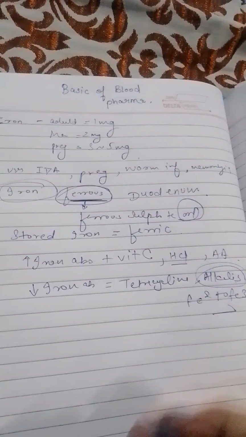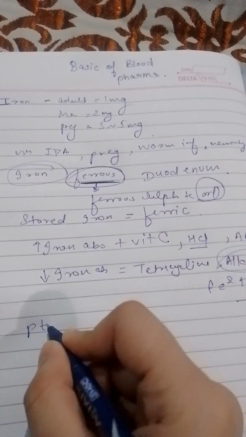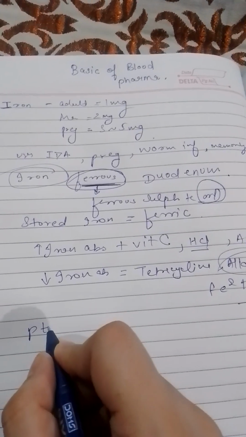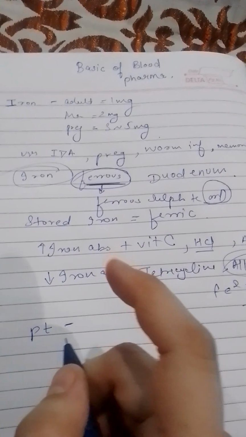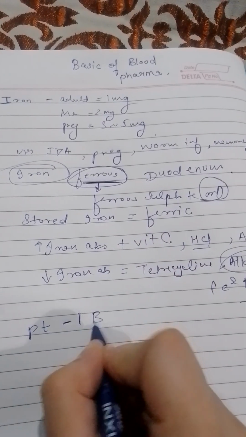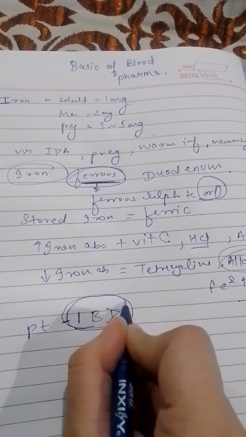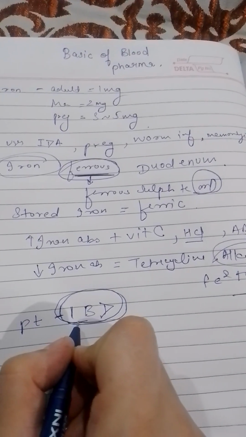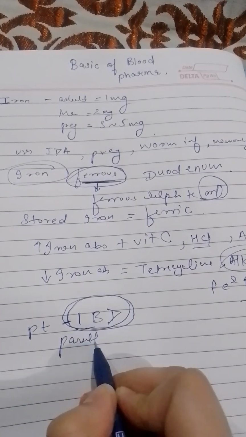Now suppose the patient came and the patient is having anemia, iron deficiency anemia. But the problem is that the patient is also having inflammatory bowel disease. At that time we can't give oral iron, because iron will upset the stomach. So what we can do is give iron parenterally.